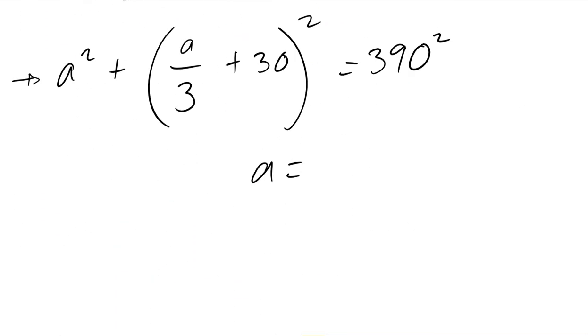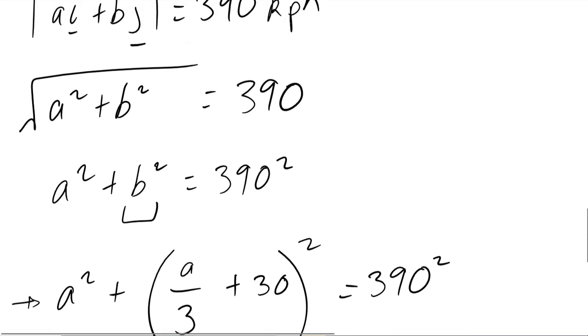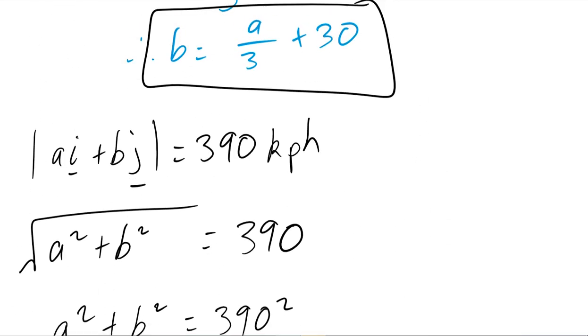From that, and we solve, the value of A that we take from our calculator or from our mathematical solving is 360. We then go back to the B value from up here, this one in the rectangle, and we substitute our now A value of 360 into there.